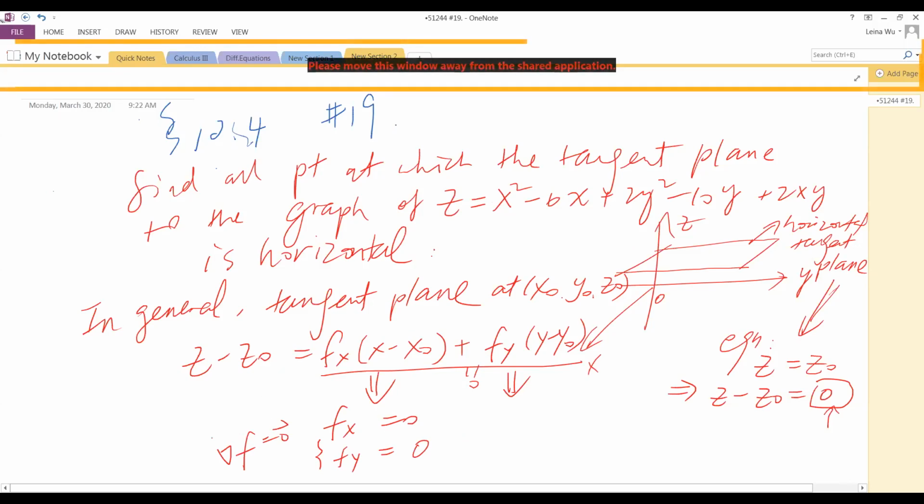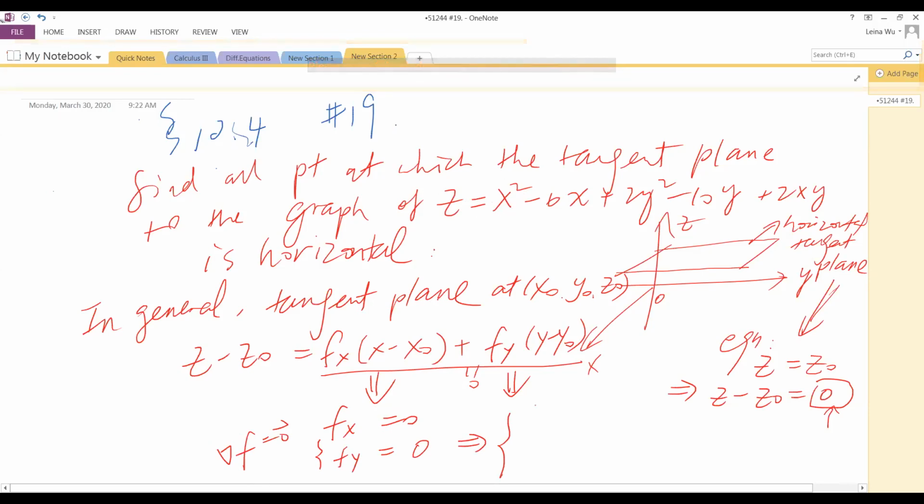In terms of the gradient, it's similar to the slope of a tangent line. We know if the tangent line is horizontal, the slope needs to be 0. Now the tangent plane needs to be horizontal, therefore the gradient needs to be 0. Over here, partial x is pretty easy to see.